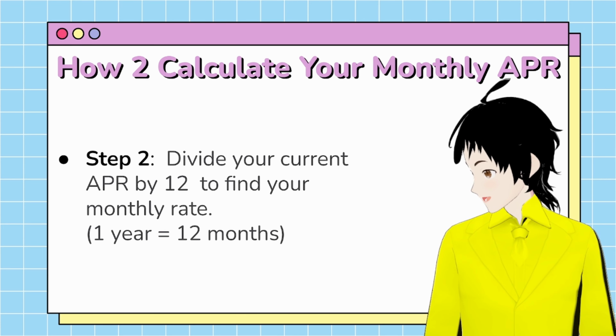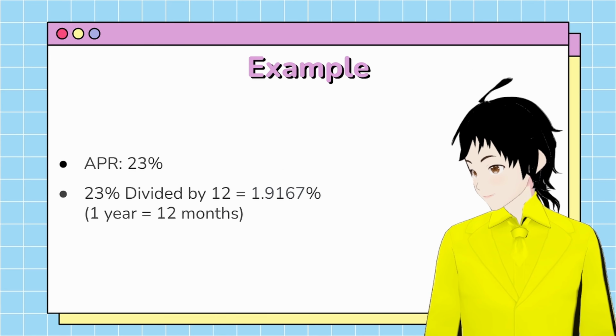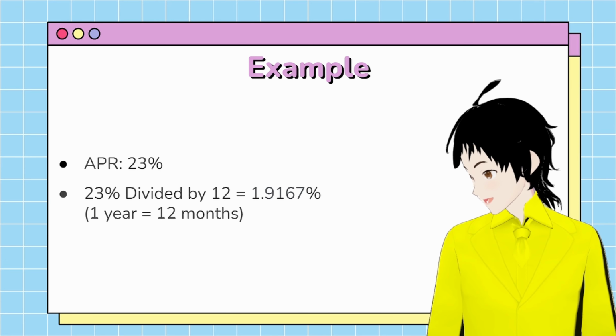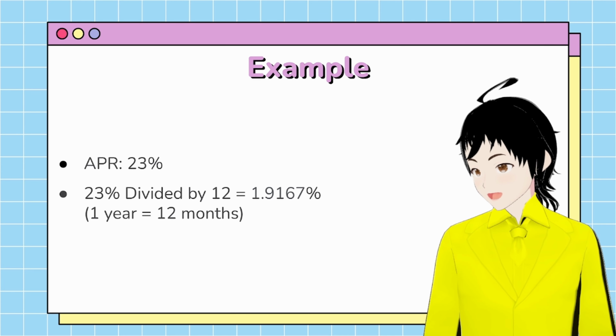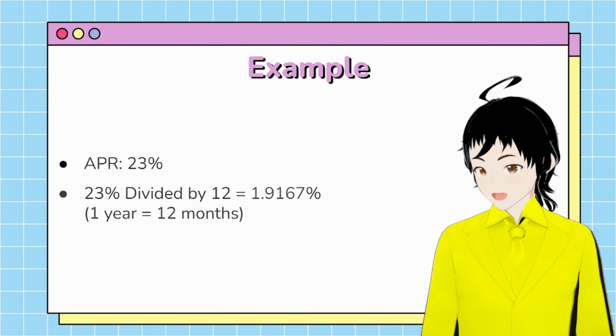We know that 12 months is equal to 1 year. We're going to use a 23% APR, which is pretty common. So 23% divided by 12 months is 1.91667%. As you already know, 1 year, 12 months.